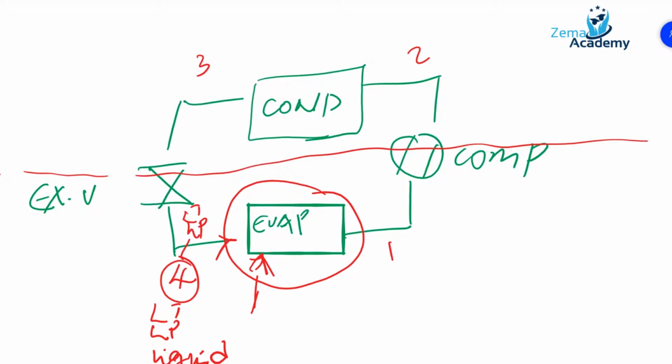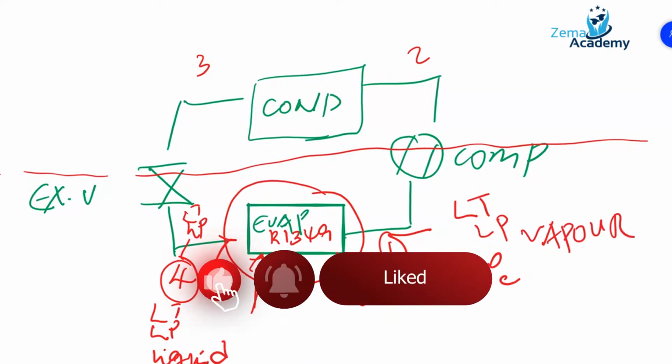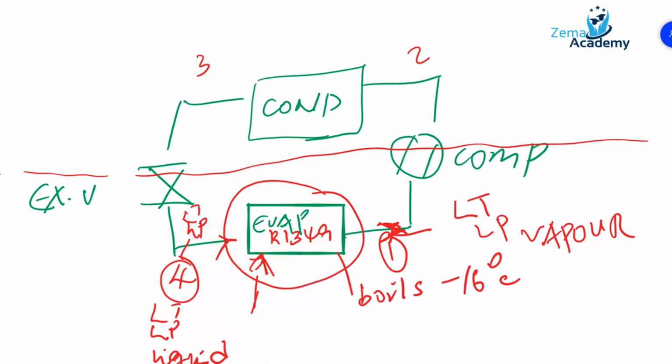For instance, if we take R134a as an example, that refrigerant boils at minus 16 degrees C. So that low temperature and low pressure liquid gets boiled, and when it comes out at point 1, we have low temperature and low pressure vapor.